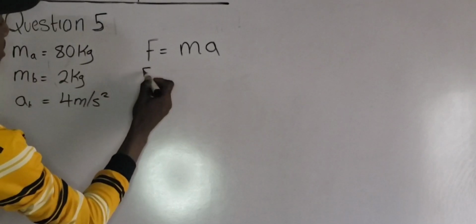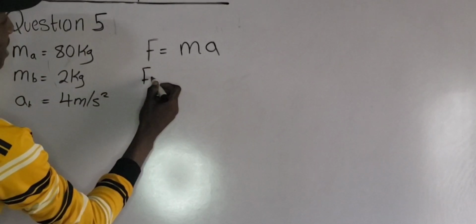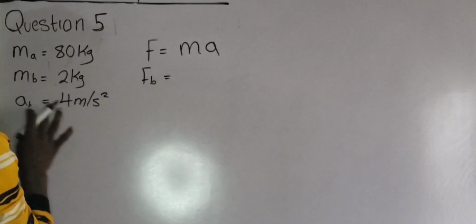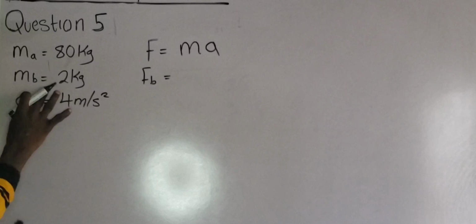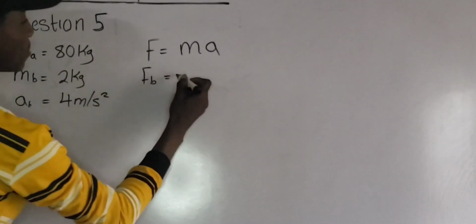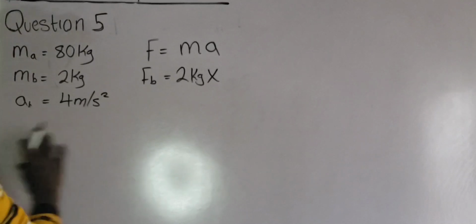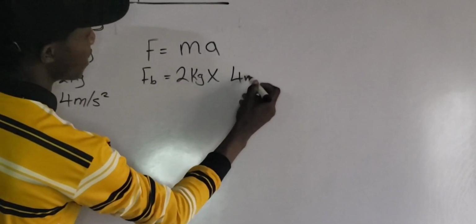So I'm going to call this Fb, that is the force exerted on the box, which is equal to the mass of the box, that is 2 kilogram, multiplied by the acceleration of the box, that is 4 meters per second squared.